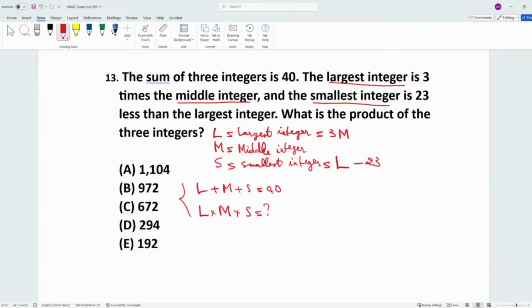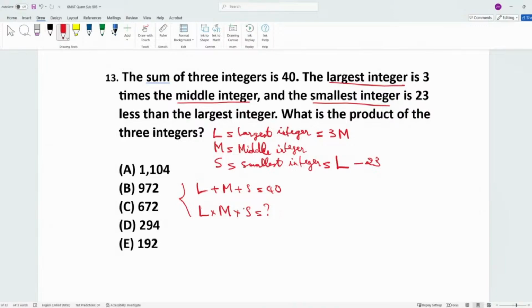So in order to get this answer, we need to find the value of each of the integers, largest, middle, and small. So we can start by finding the value of the middle integer.